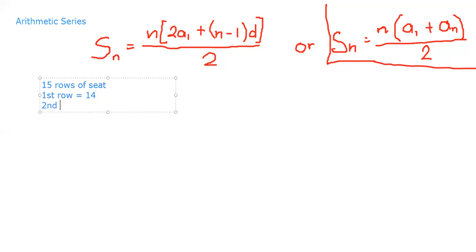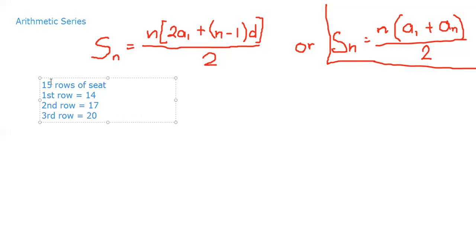Sa second row, ilang seats? 17 seats in the second row. Sa third row, ilan? 20 seats naman sa third row.